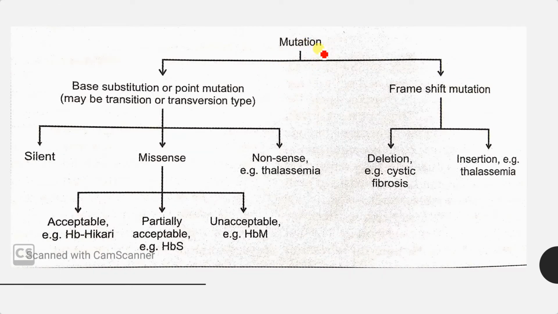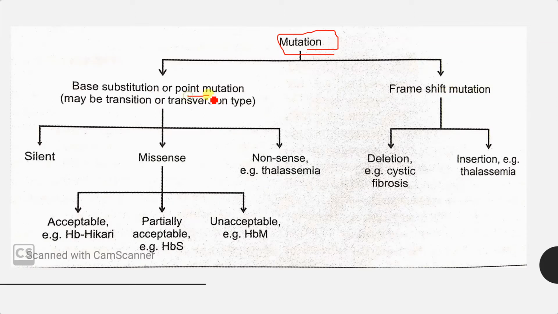Based on where the base pairing is changing, we have differentiated mutation into two major types. One is called point mutation, and the next one is called frameshift mutation.